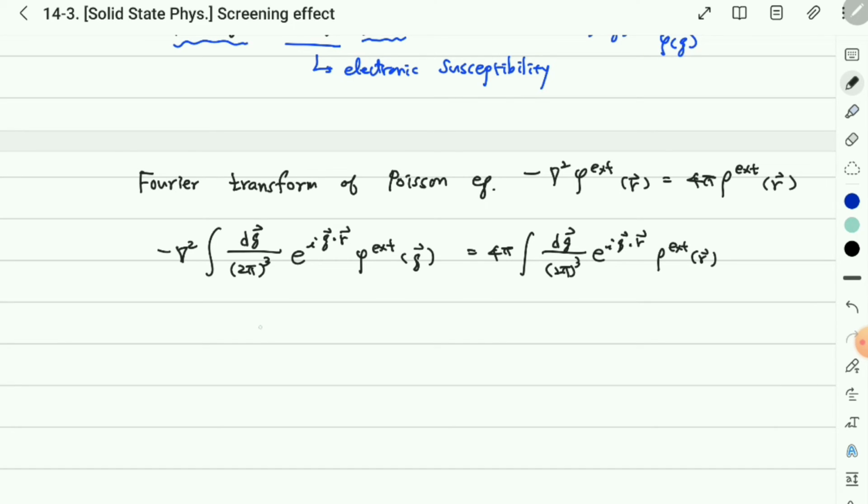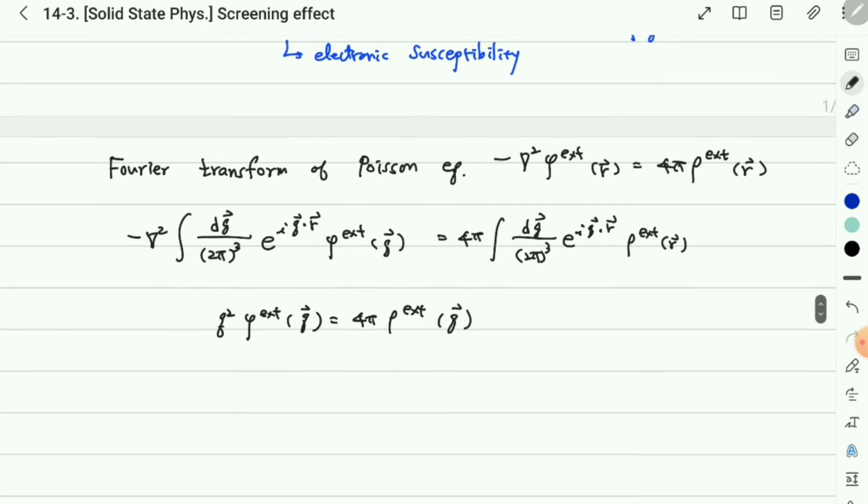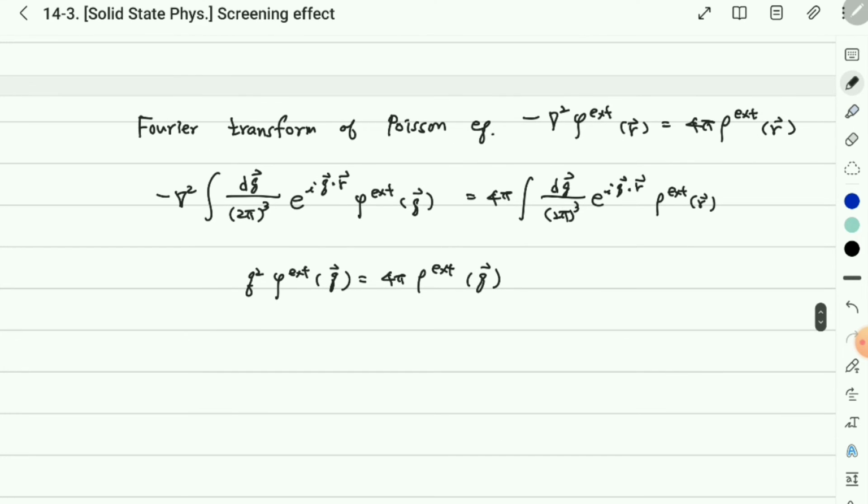This can be thought of as q squared times the external potential phi external q equals 4 pi rho external q. In the same way, q squared phi q from the total charge Poisson equation is 4 pi rho q.